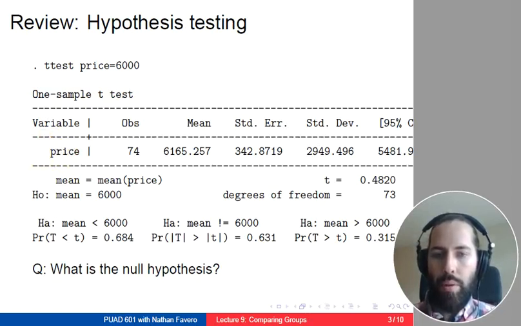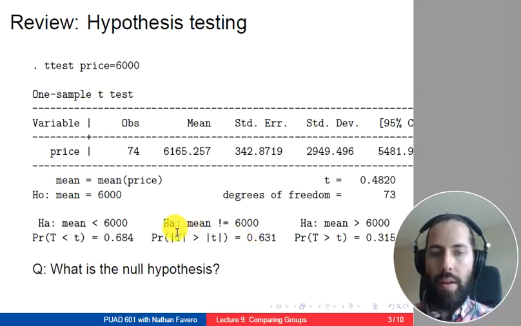Well, there's a few clues. First of all, I said usually when we're looking at p-values, we want to look at the one in the middle. This one right here is our main p-value, for a two-sided test at least. Right above the p-value, we see a statement of the alternative hypothesis, HA.